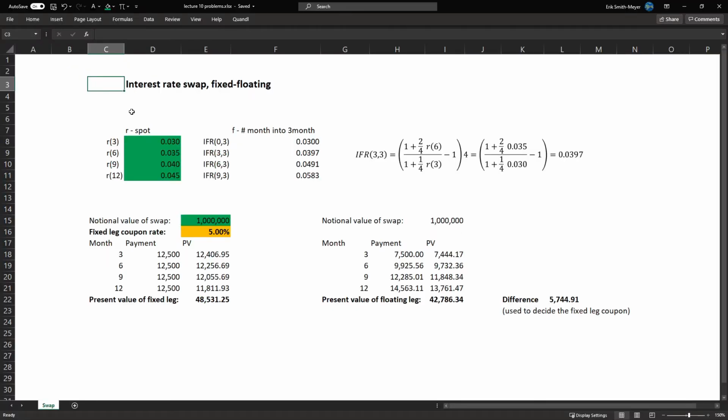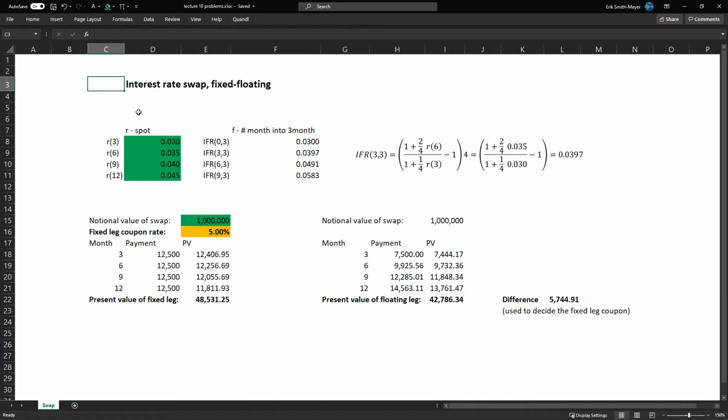So here we have the example, and we are in Excel, and we are going to value an interest rate swap between a fixed leg and a floating leg.